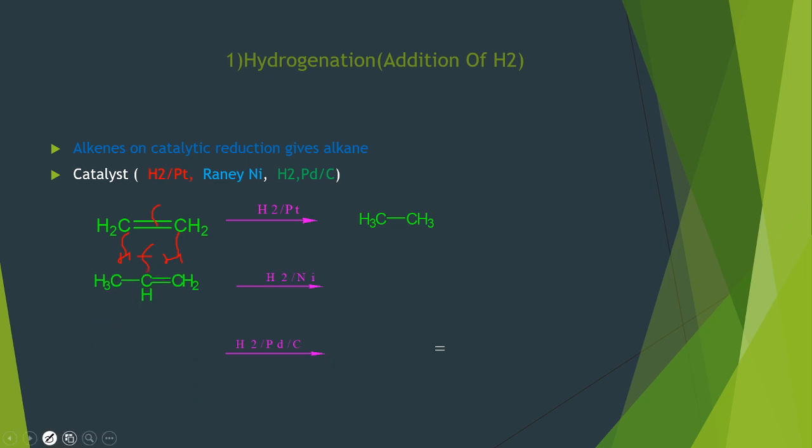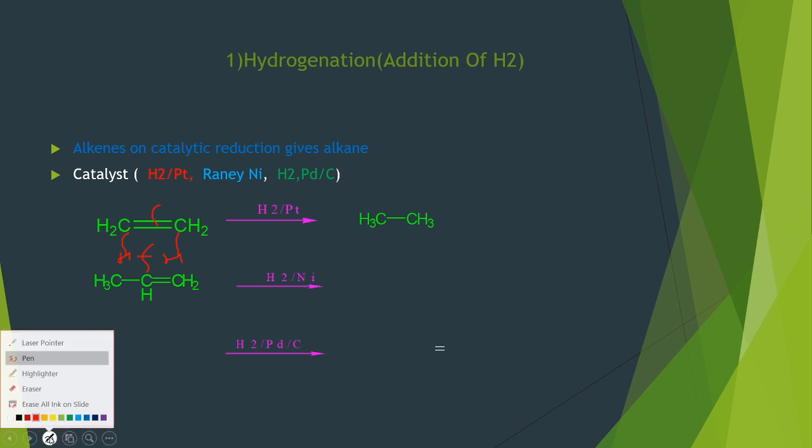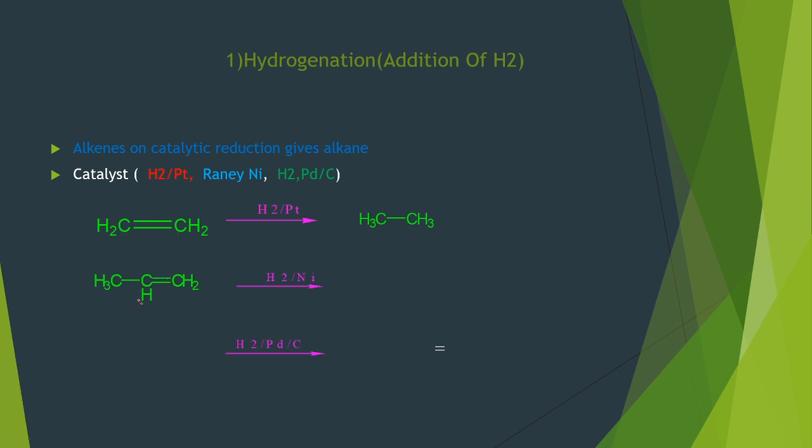So pause the video and try to find the answer of this alkene. What is the product? Just as we have already seen, we have to break the double bond and add hydrogen atoms. Just break this bond and take a hydrogen atom.